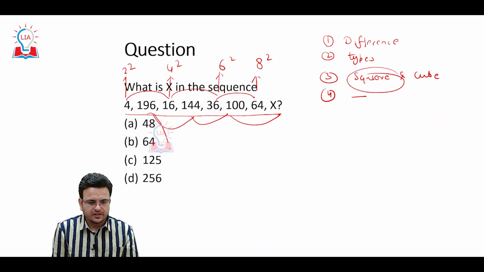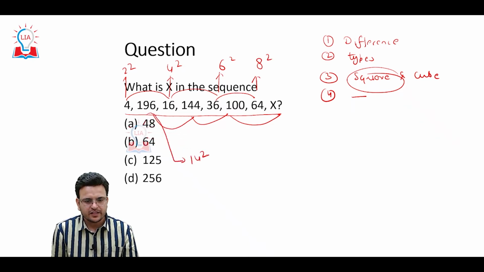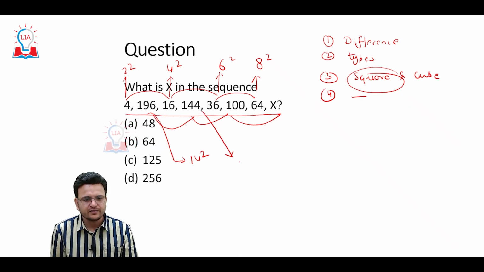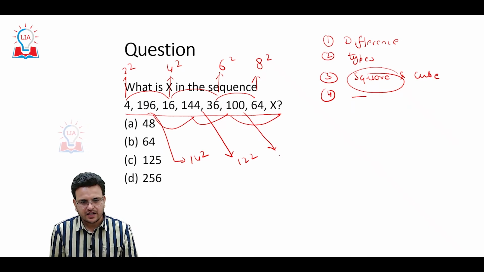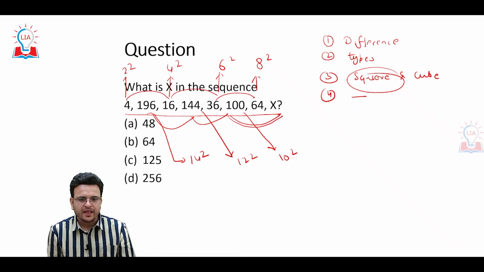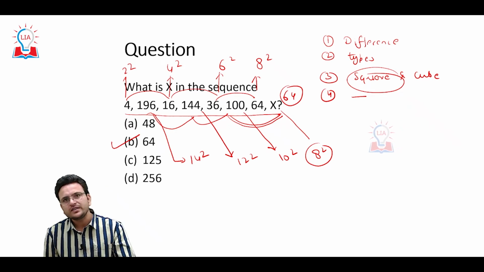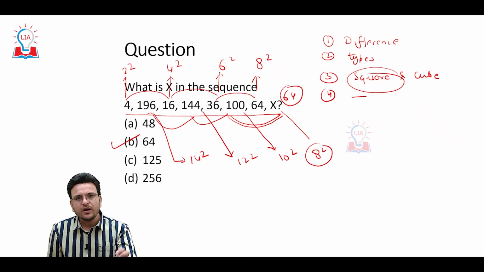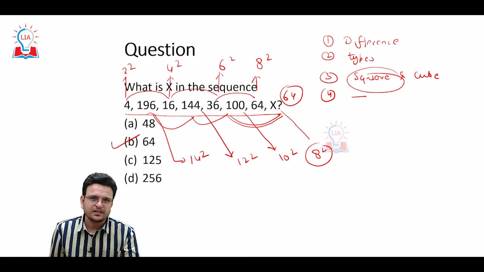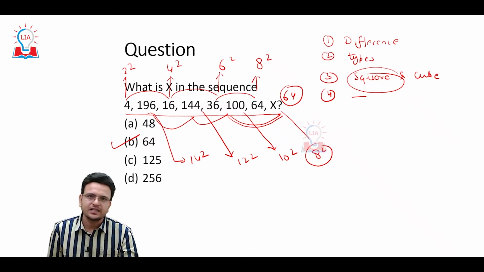Then 196 is 14 square, 144 is 12 square, then 100 is 10 square, and then again the next number x will be 8 square. 8 square is 64. The answer will be 64. Got the point? My point is, if you are able to do it in 1 minute at most, you have to solve it, otherwise leave it.